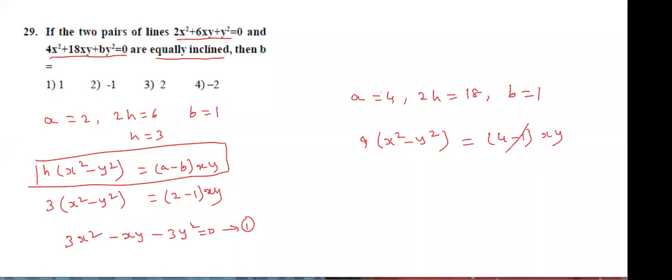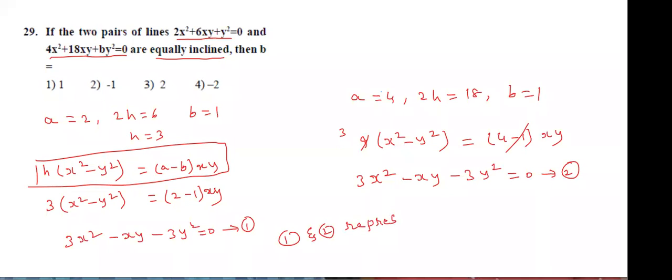Okay, 4 minus 1 means 3. 3 3s are 9. Calculate that. 3x square minus xy minus 3y square is equal to 0. This is the second one. But 1 and 2 represent the same.